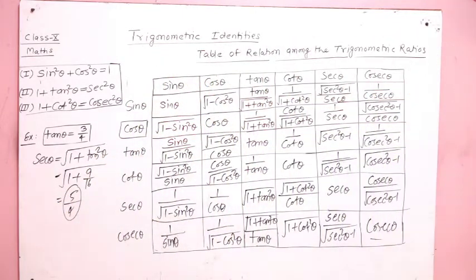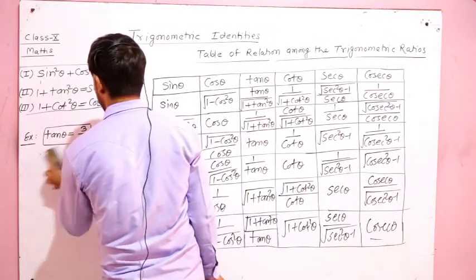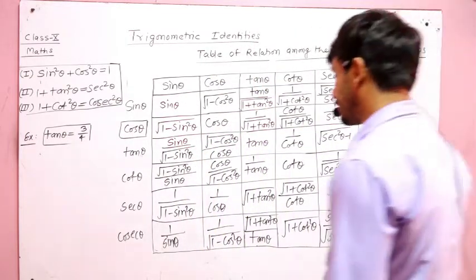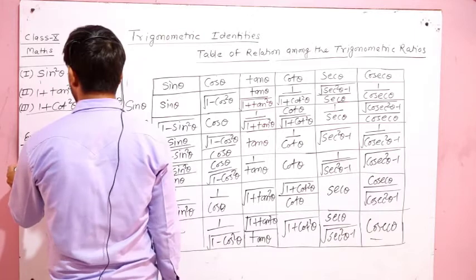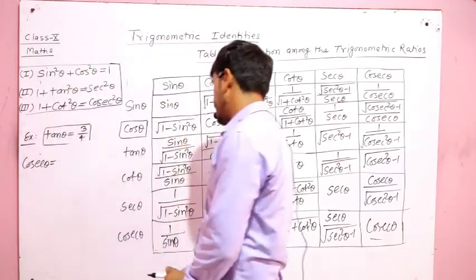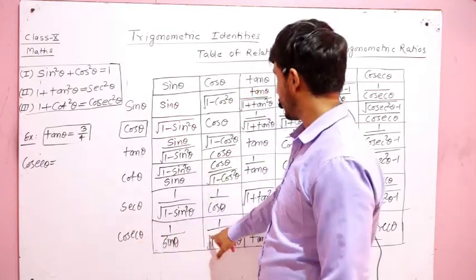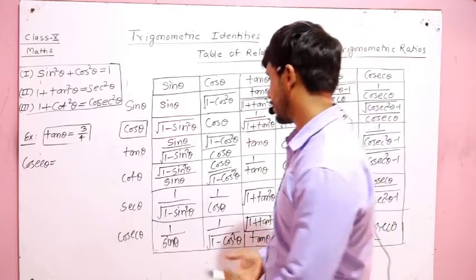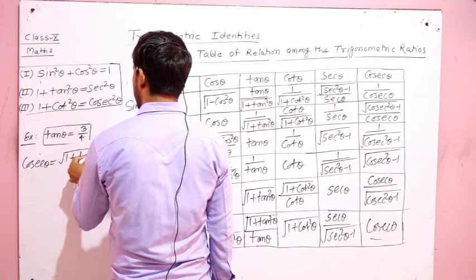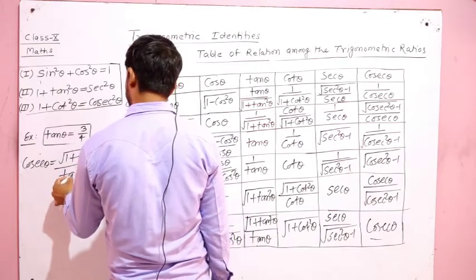In the next condition, we have to find the relation for cosec theta in terms of tan theta. Cosec theta in terms of tan theta is given by this formula: we can write under root of 1 plus tan square theta, divided by tan theta.